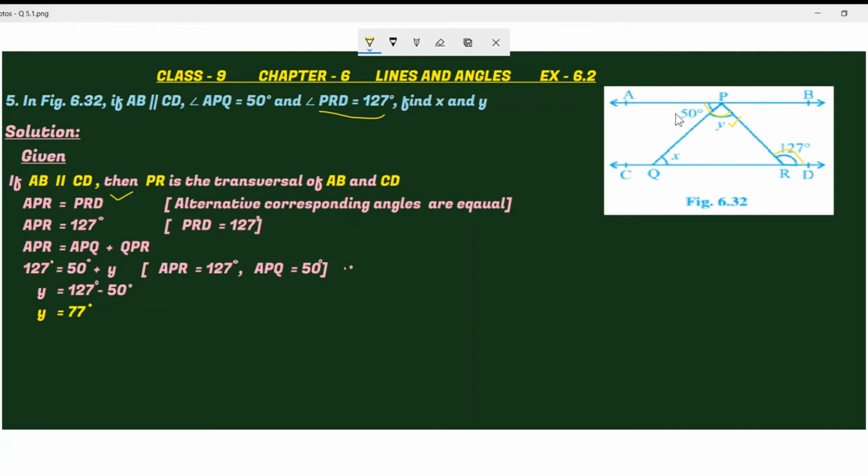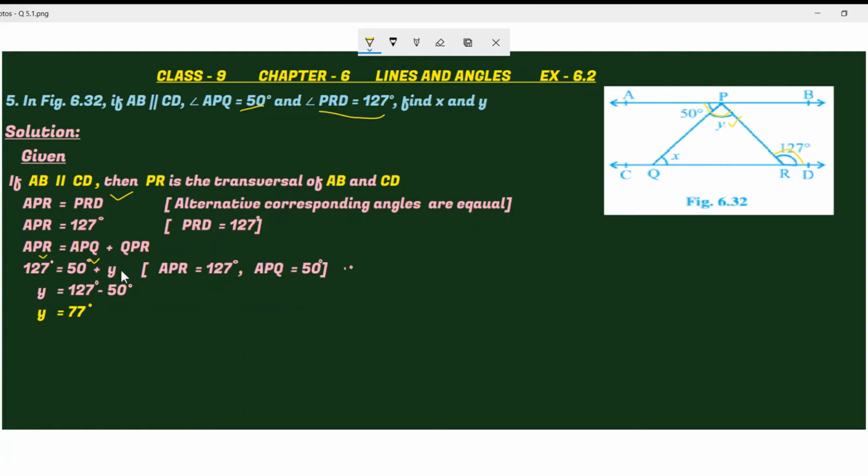So we can split APR as APQ plus QPR. I have written here APR is equivalent to APQ plus QPR. APR we know, which is 127 degrees. APQ, given in the question, is 50 degrees, plus QPR is Y. From this equation, I am going to find the Y value.